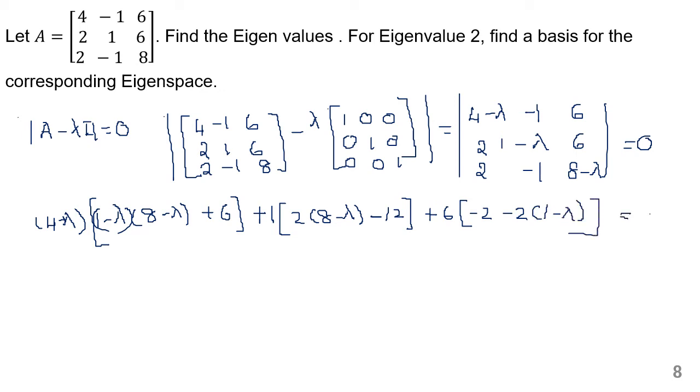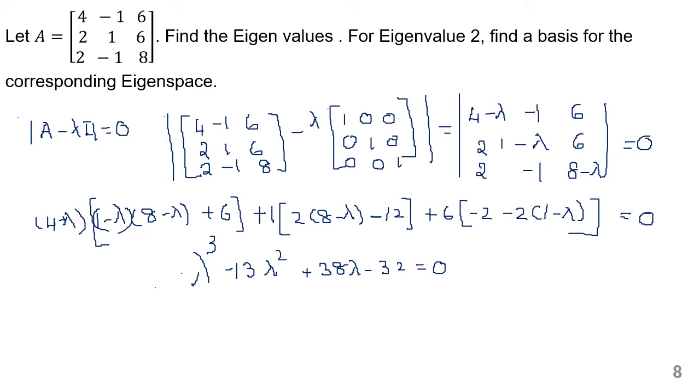That should be equated to 0. When I simplify this further, I am going to get the resultant polynomial lambda cube minus 13 lambda square plus 38 lambda minus 32 is equal to 0.